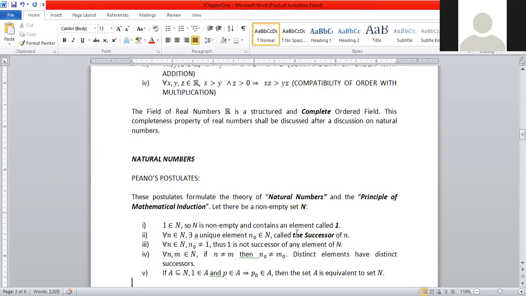That's it. So every natural number has a successor. For every natural number, n' is not equal to 1. यानी 1 को छोड़ दीजिए. 1 is not a successor of any element.